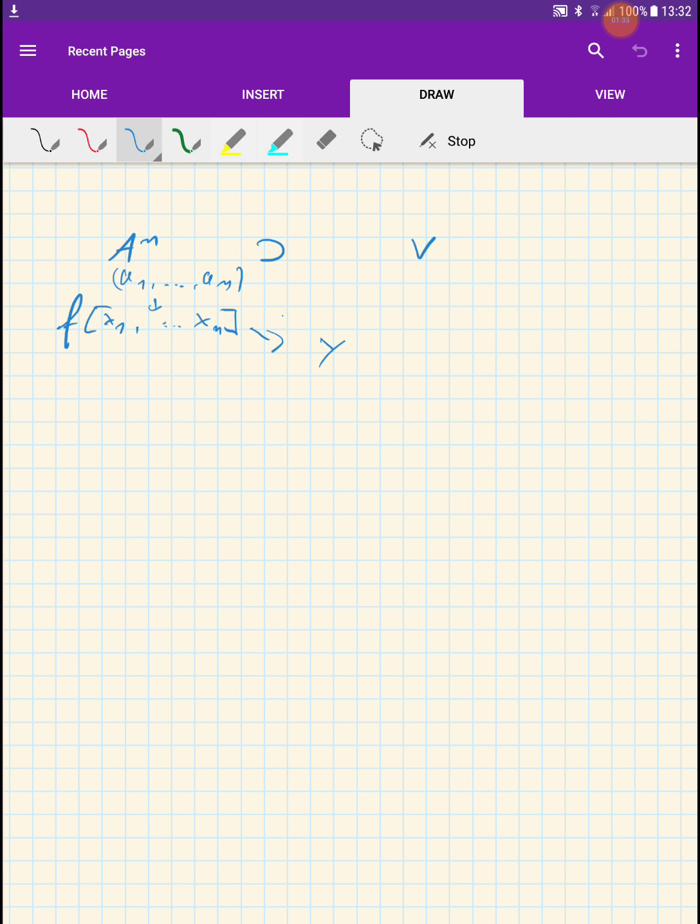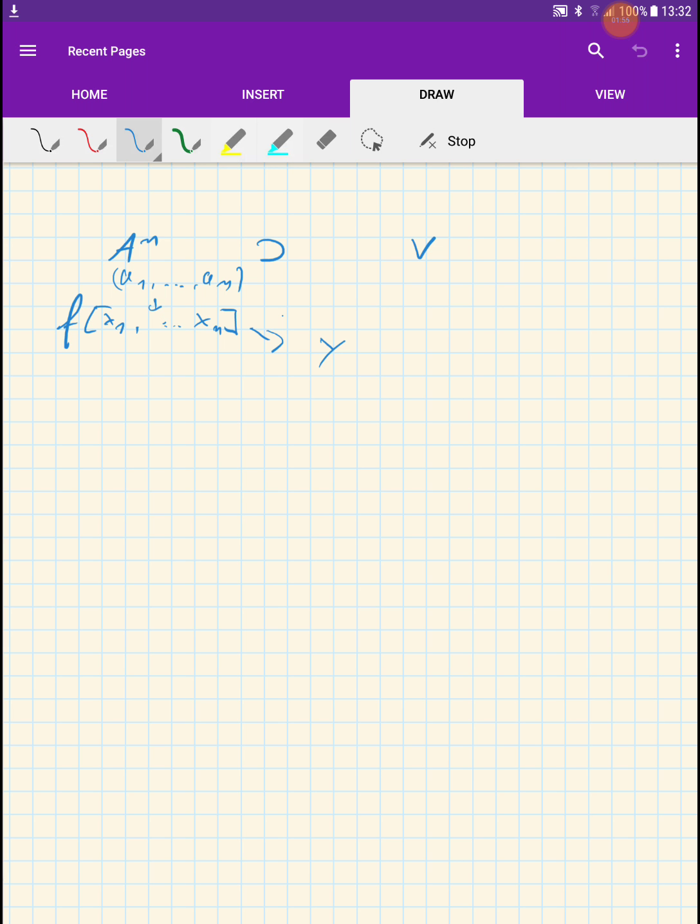So we have a function that works like you give me a point in A^n and I plug it into my polynomial and I get a value in the field. And thus this polynomial determines a function.